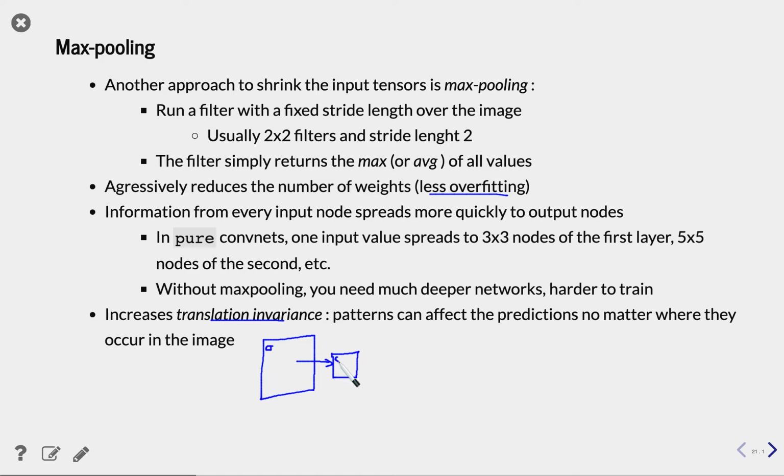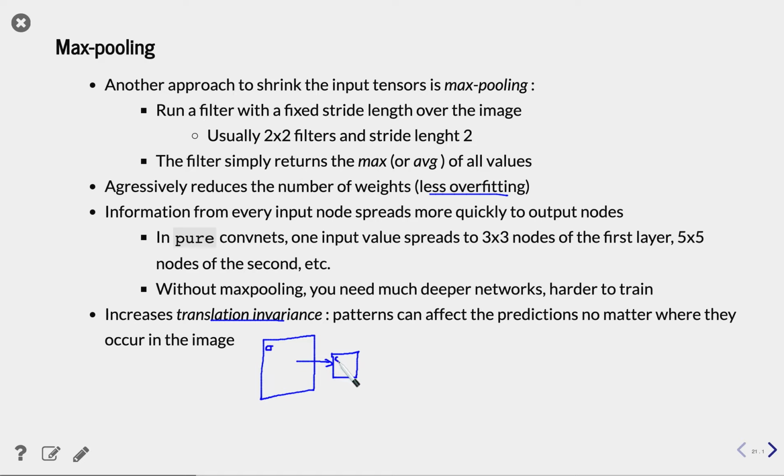If I would not do that, if I would just have another output, then this guy would only affect a small part of my output, right? Which means that the information that there is something here spreads very slowly through the network, and I would need a deeper network for this information to spread through the entire network.